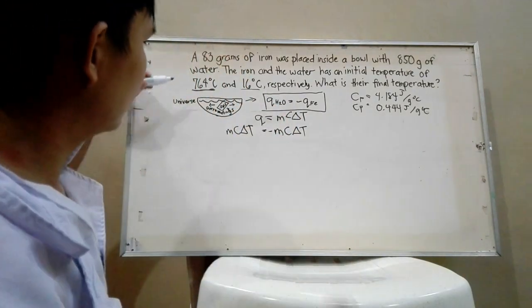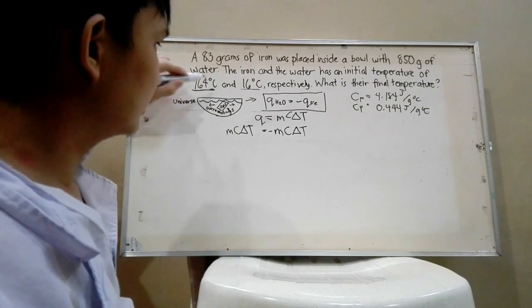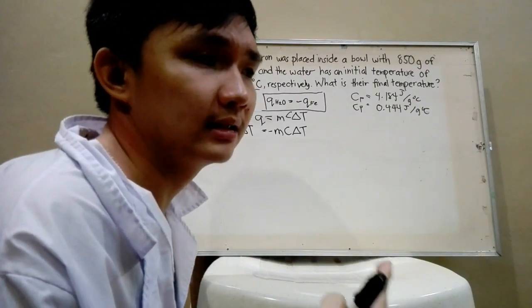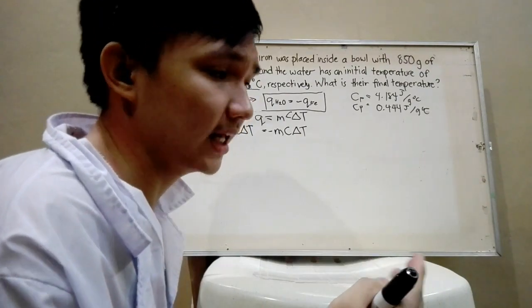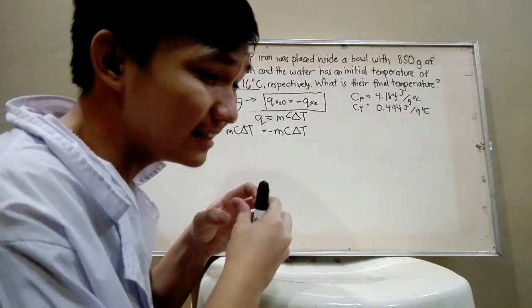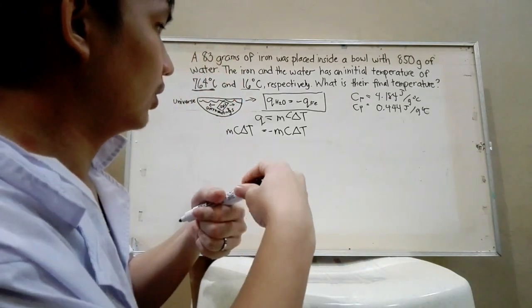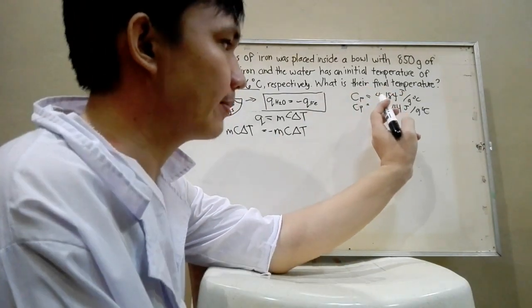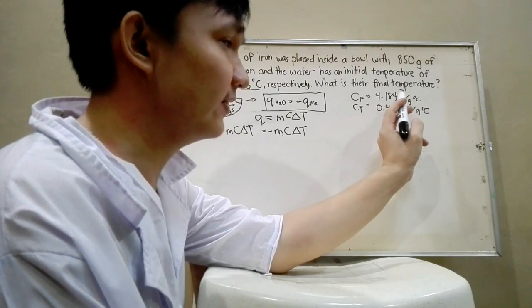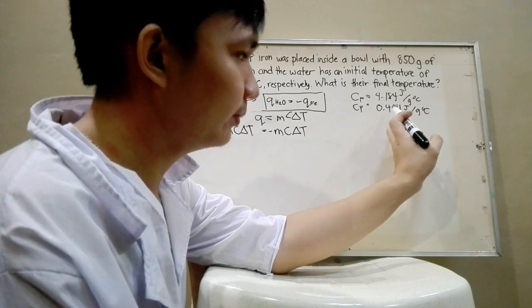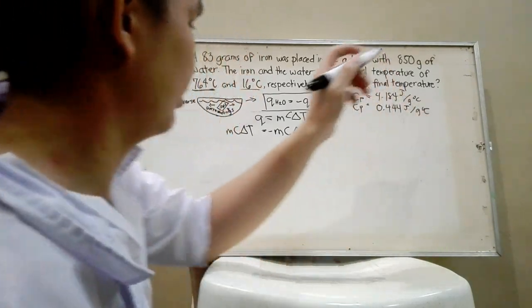As you can see, 764 degrees Celsius is warmer than 16 degrees Celsius. So the tendency of iron is to release heat, and it will be absorbed by the water. So knowing the specific heat capacity of water and iron, we will be able to find their final temperature.